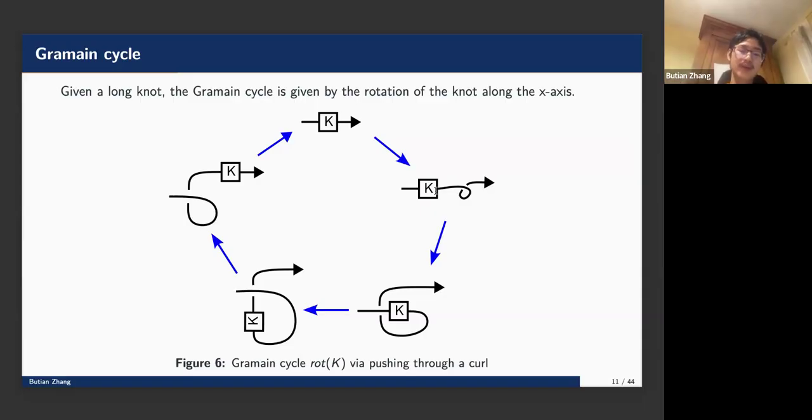And then we will come back, and then we delete this curve at the end. It comes back to the original position. This is a diagrammatical realization of the rotation along the x-axis, which represents the Gramain cycle.